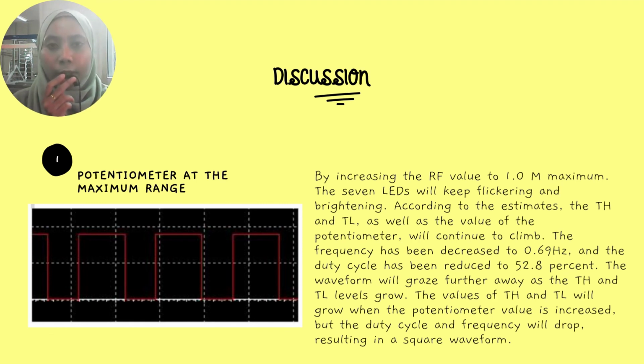The frequency has decreased to 0.69 Hz, and the duty cycle has been reduced to 52.8%. The TH and TL levels will grow when the potentiometer value is increased, but the duty cycle and frequency will drop, resulting in a square wave.